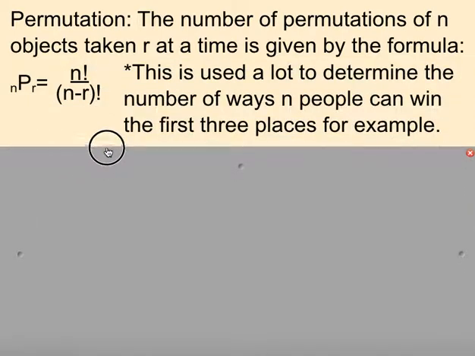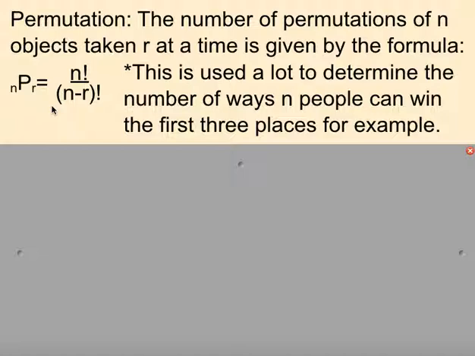We use this formula to say nPr, n being the number of objects, and r being the number of spots that we have for them. So it's used a lot to determine the number of ways n people can win the first 3 places, for example, or n objects can be put into only 3 drawers, whatever it might be. And so we say that's n factorial over n minus r factorial.